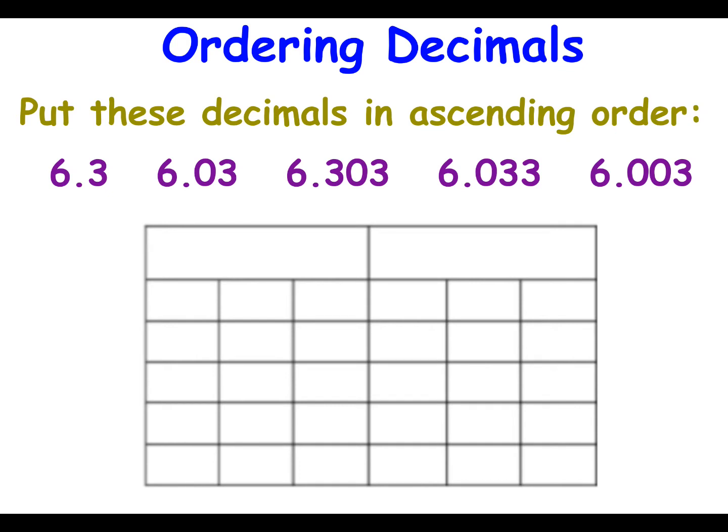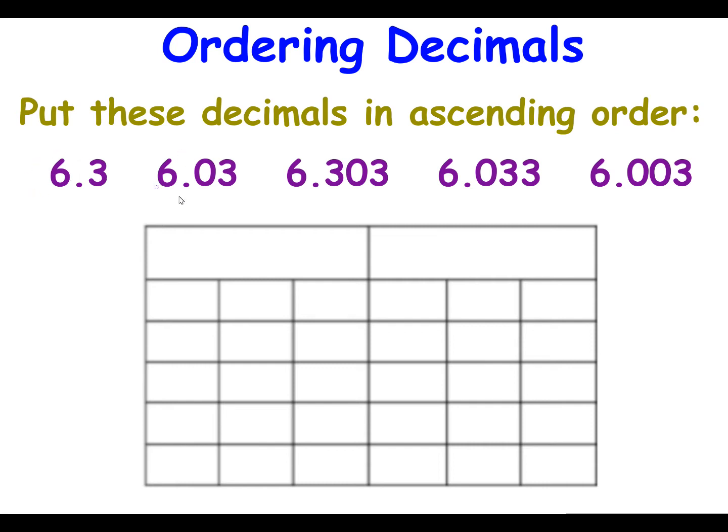So now we know how to compare decimals, let's look at ordering decimals. So it's asking us to put these decimals in ascending order. In other words, remember what the buzzword ascending means? From small to big, ascending something, going up in value. So we need to find the smallest number.